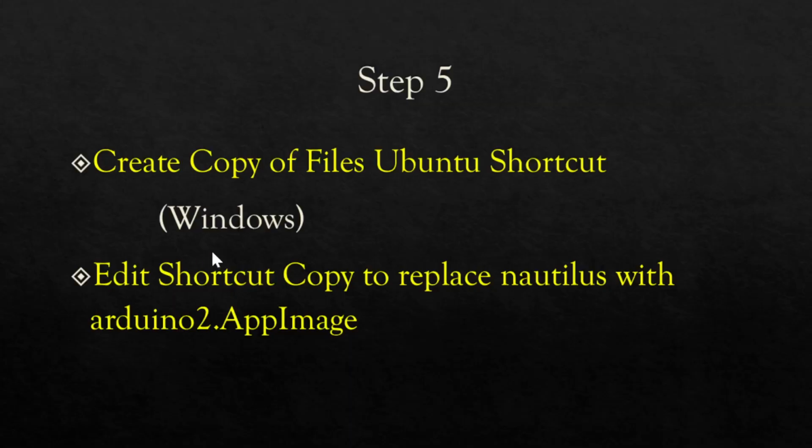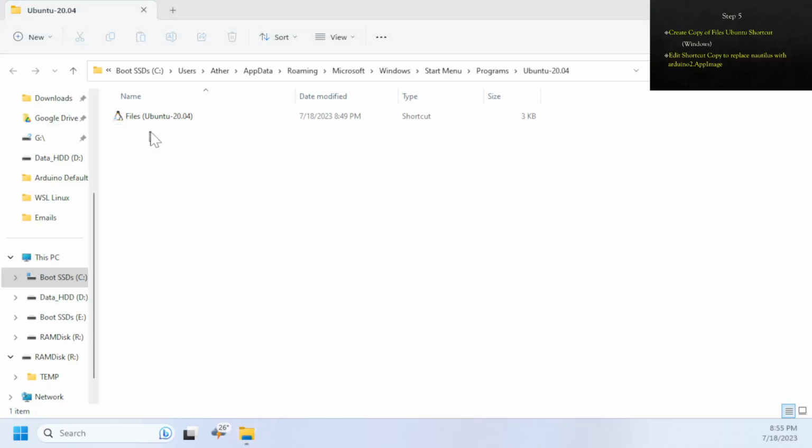The next step is to create a copy of the Files shortcut and edit it to replace Nautilus with Arduino2.appimage. So this was the Files shortcut we earlier opened. First we create a copy of this.